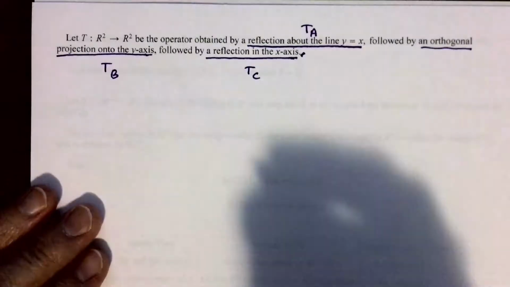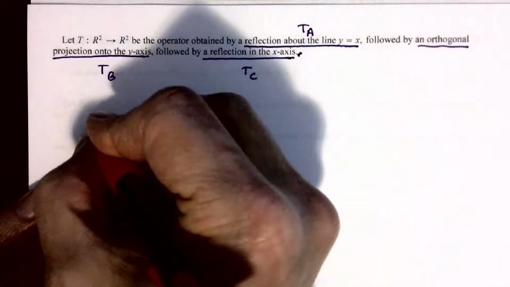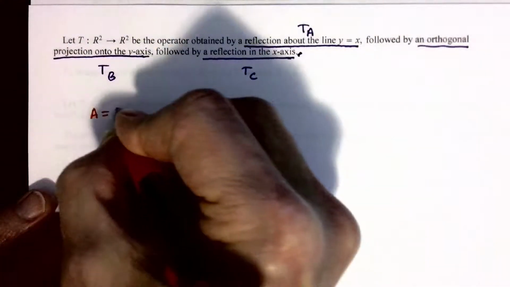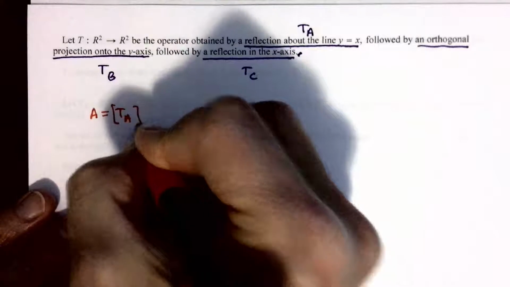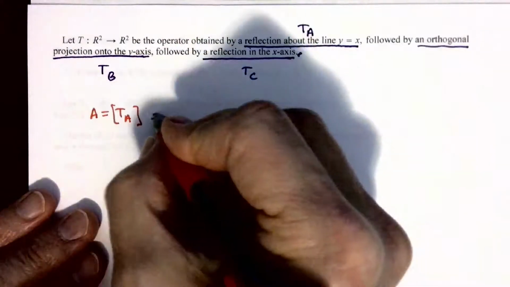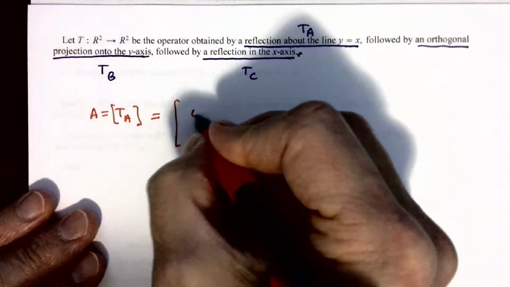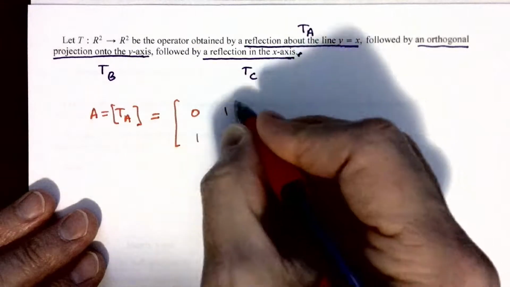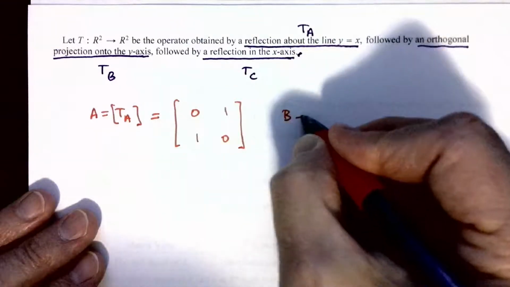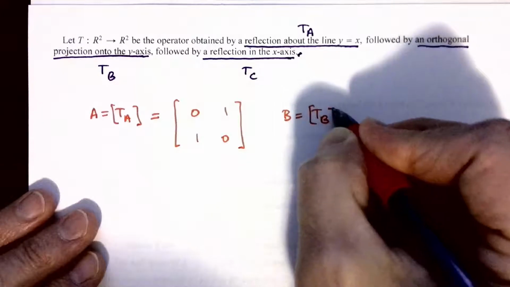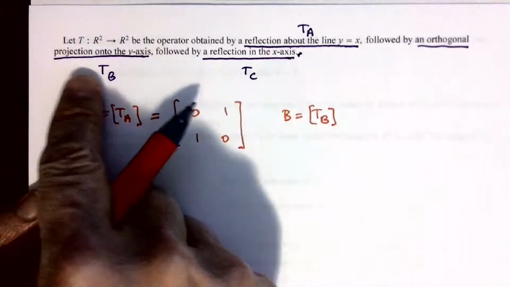So I've got three things going on. I'm going to let matrix A be transformation A's standard matrix, a reflection about the line y equals x. We did that one in the last video. Here's the standard matrix for it. B is the standard matrix for transformation B. That operator does a projection onto the y-axis.